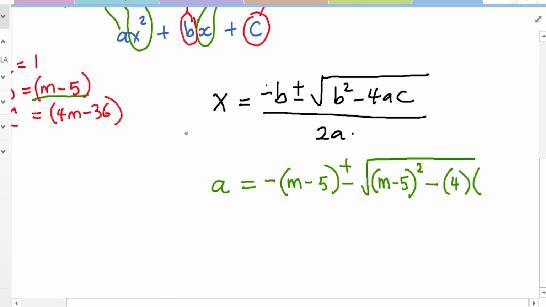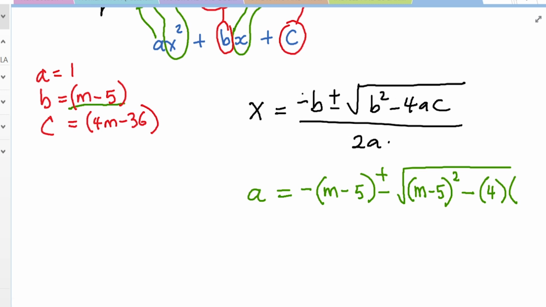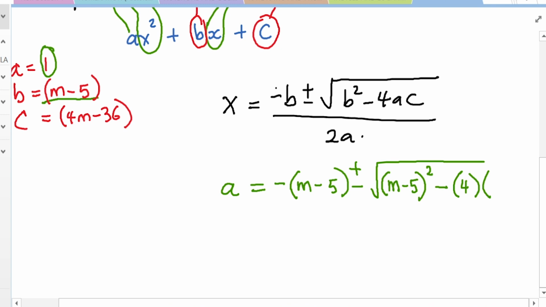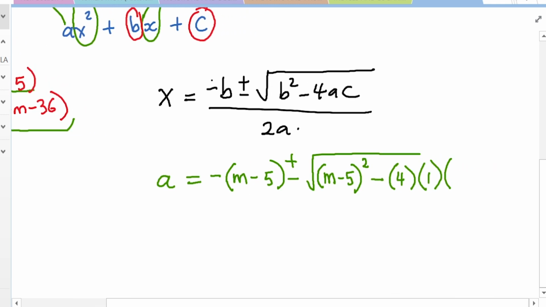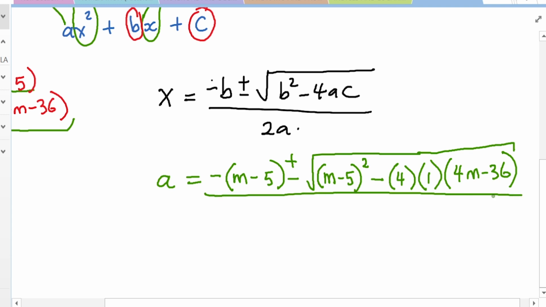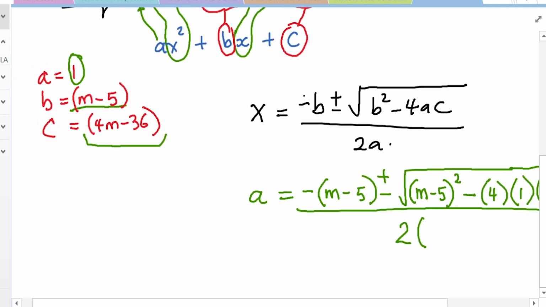We found our value of a to be 1, times my value of c. My value of c is 4m minus 36, so this is 4m minus 36. Divide all this by 2a, by 2 times my value of a. My value of a, as you can see, is 1.